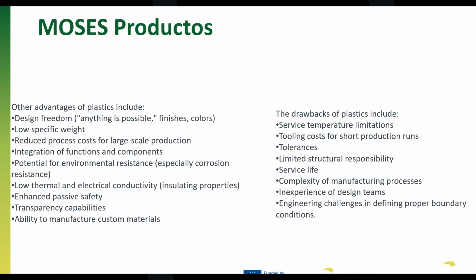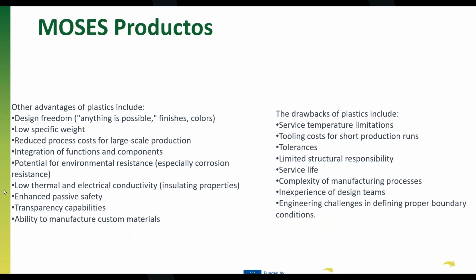Okay, here you have some advantages and drawbacks of plastics. Why should we, or when can we, use plastic and other materials? What will a polymer offer us? Freedom of design, low specific weight, reduced process cost, integration of functional components, low thermal and electrical conductivity.